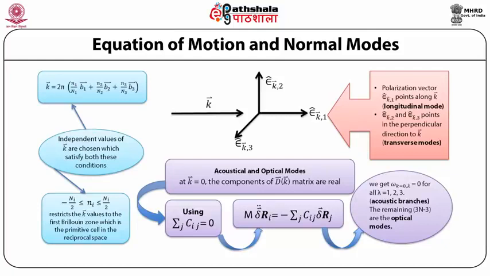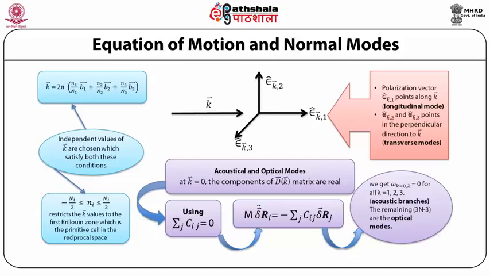The displacement delta R_i from the previous equations for k equal to 0 is real and k independent. If we use the special property of this C_ij matrix, that is summation over j of C_ij is equal to 0, we immediately get that omega(k=0, lambda) is equal to 0 for all lambda equal to 1, 2 and 3.